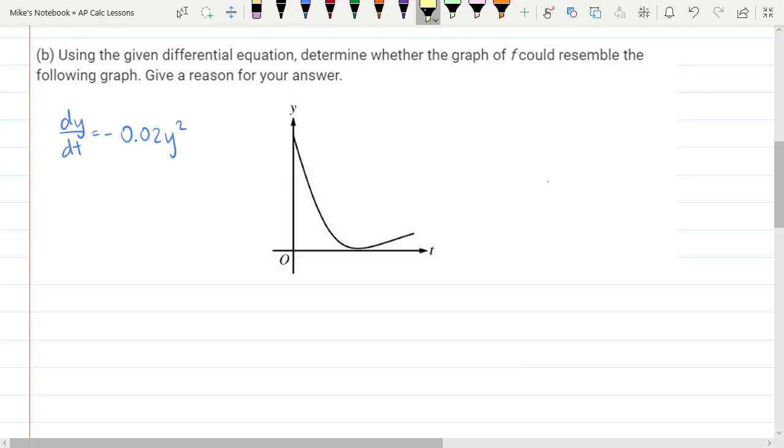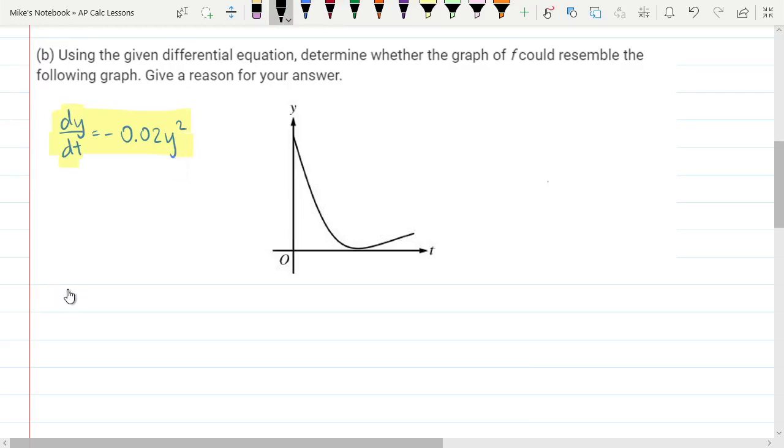Now, remember that a differential equation is giving us the equation for the derivative in this case. dy/dt is the derivative. And remember that the derivative is the rate of change of the quantity over time, or it's the slope of the graph. Now, if dy/dt equals negative 0.02 times y squared, well, no matter what y is, we're going to square it, meaning y squared will never be anything less than 0.